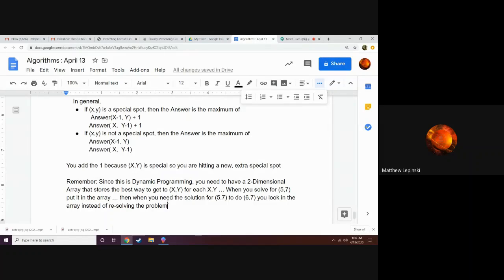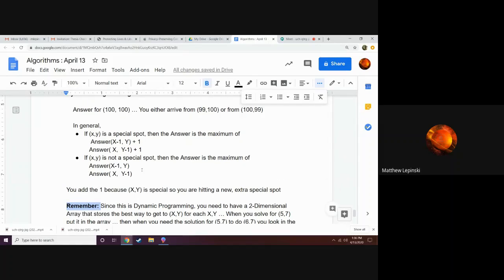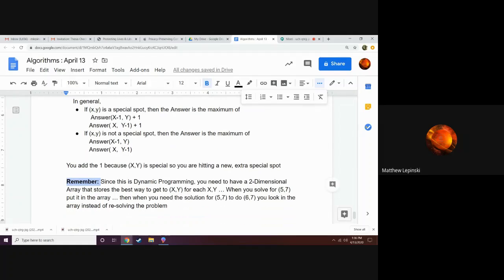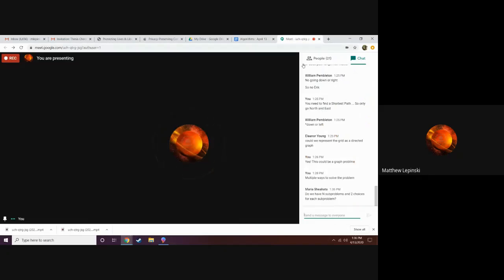That's the dynamic programming idea. This other part is how you think of this problem as taking the better of two different subproblems. Do we have questions?